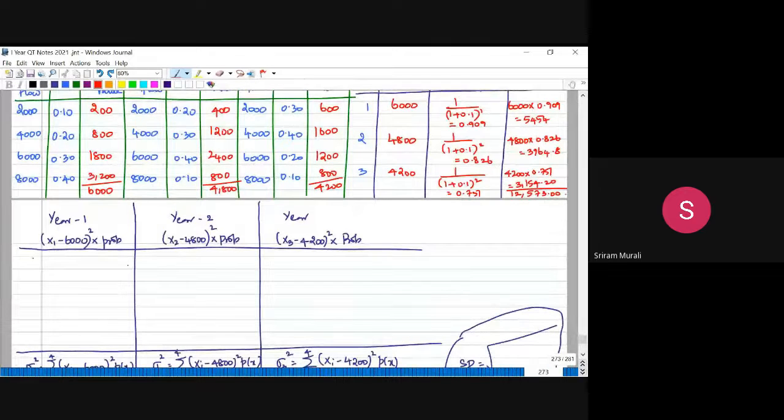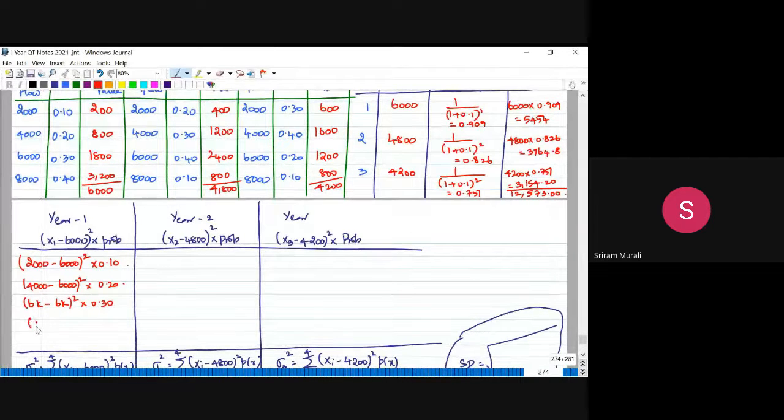So this is 2,000 minus the average, into probability. That is 10%. Into 20%. 6K minus 6K the whole square into 30%.